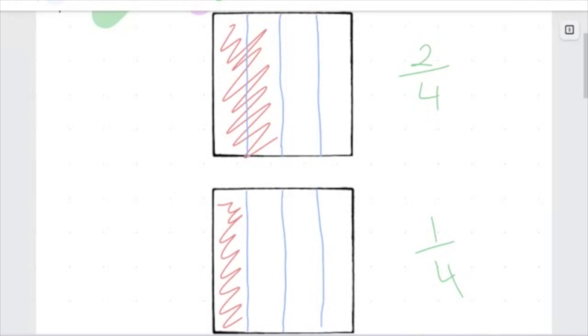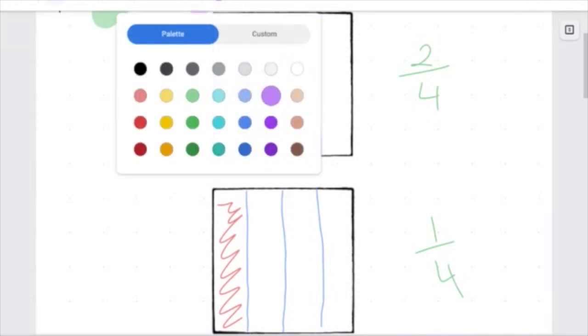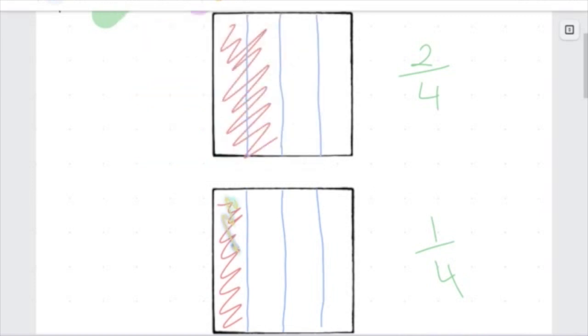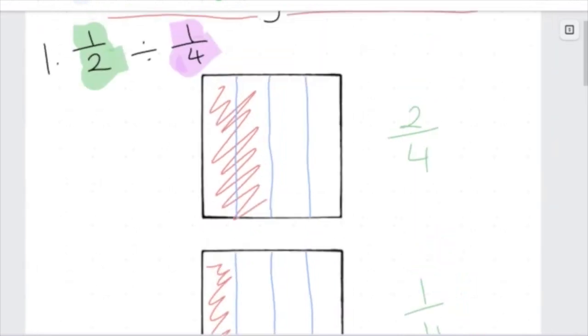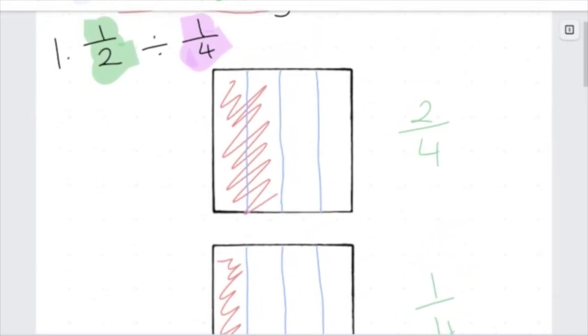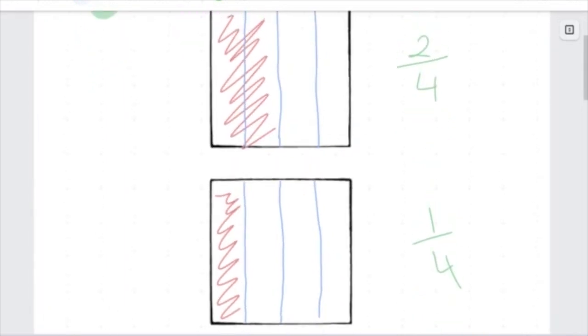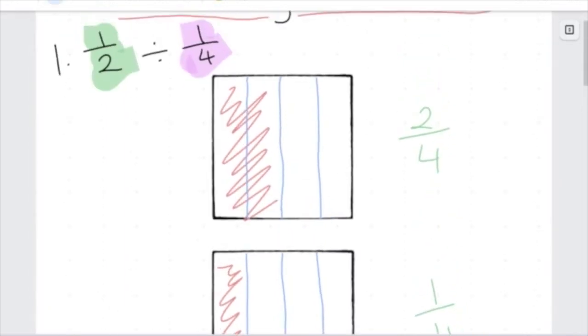Now, just by looking, if I were to cut and paste this particular fraction into my top fraction square, it would fit into it 1 and 2 times. So we can say that dividing a half by a quarter, or finding how many times a quarter goes into a half, it goes through it 2 times. So a half divided by a quarter gives us 2.